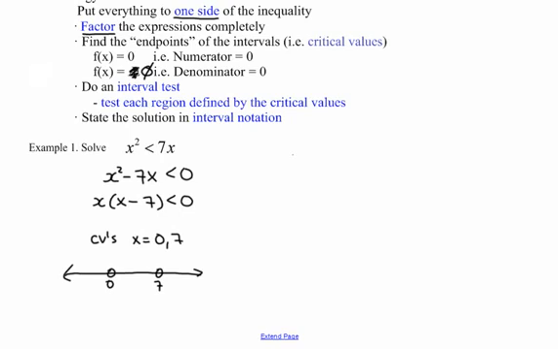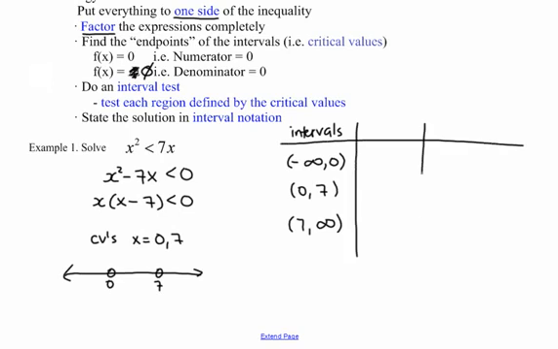We're going to test from negative infinity to 0, from 0 to 7, and from 7 to infinity. If you have 2 critical values, you'll have 3 intervals, always one more than the number of critical values.